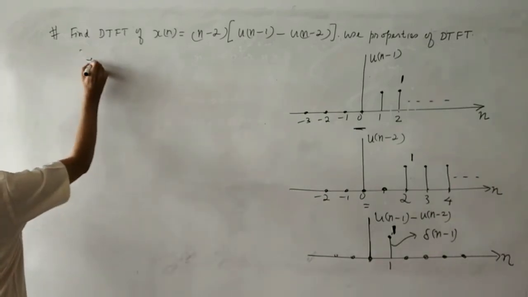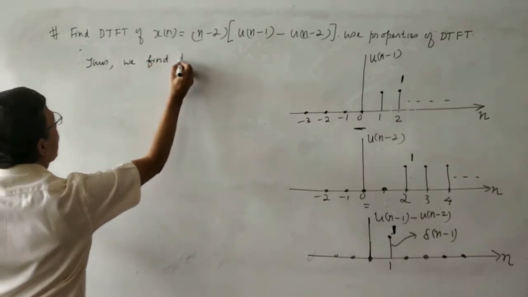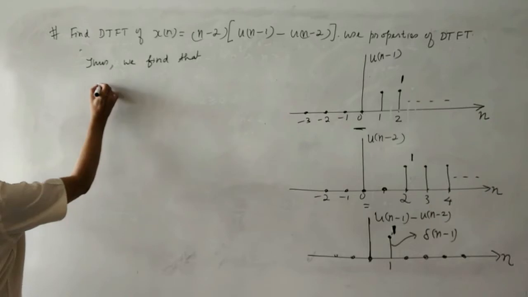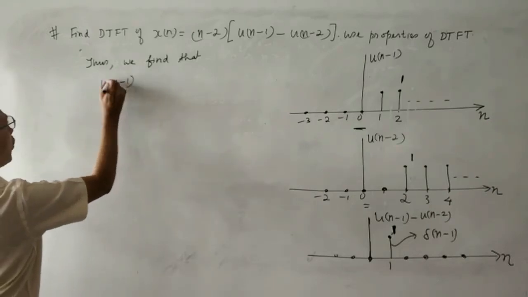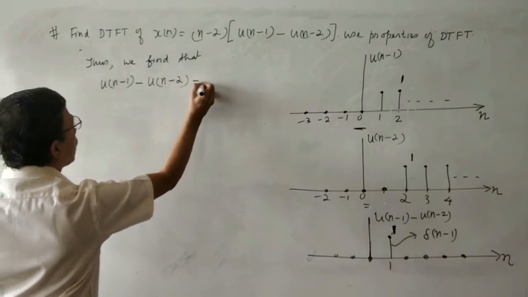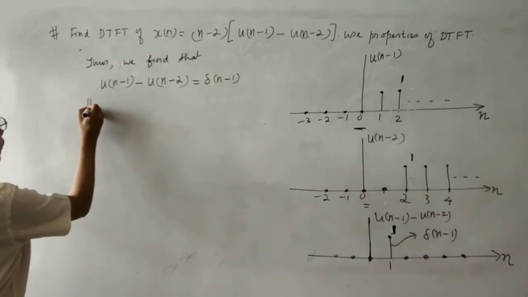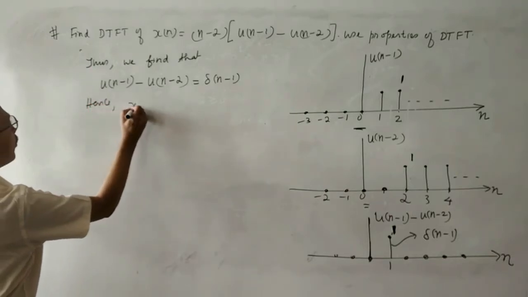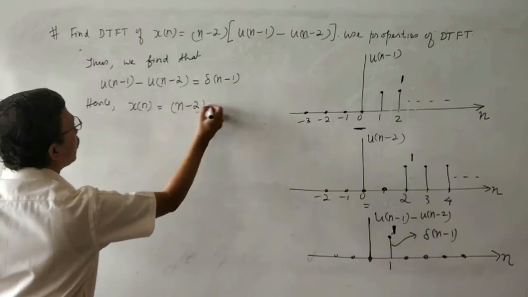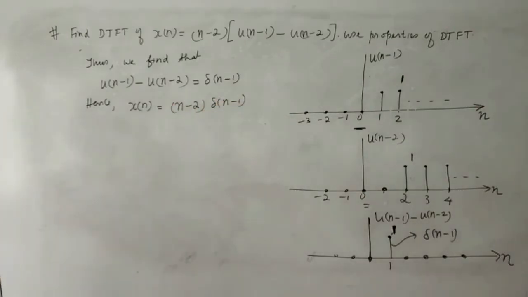Thus we find that u of n minus 1 minus u of n minus 2 is equal to delta of n minus 1. Hence, what is x of n? X of n equals n minus 2 into delta of n minus 1. We will apply the product property.